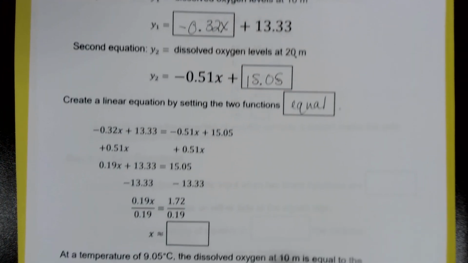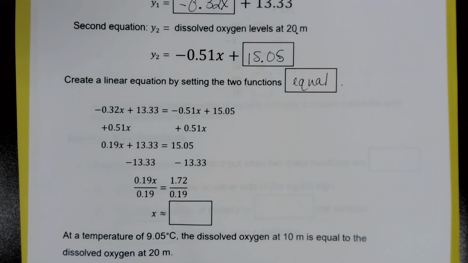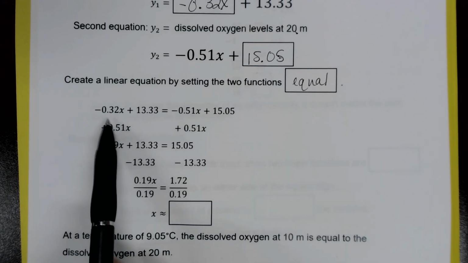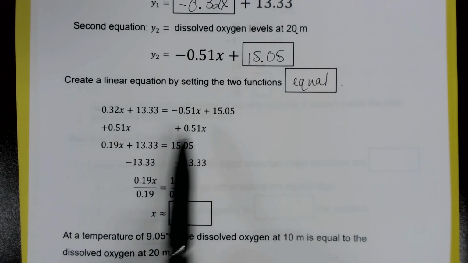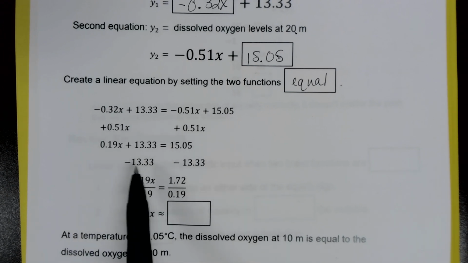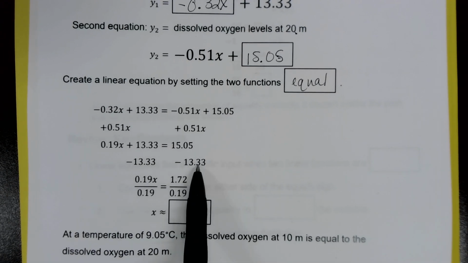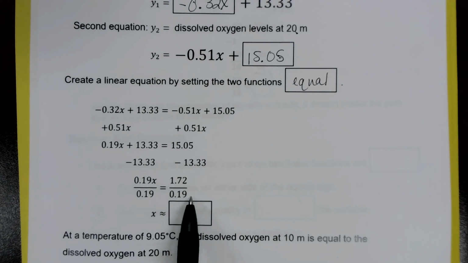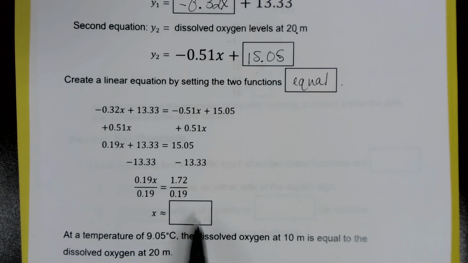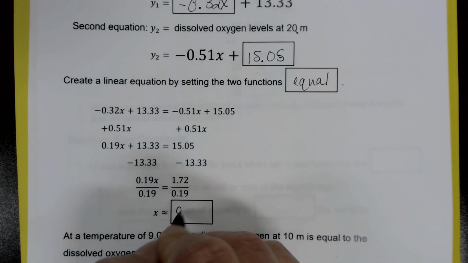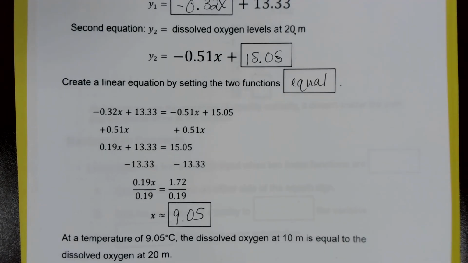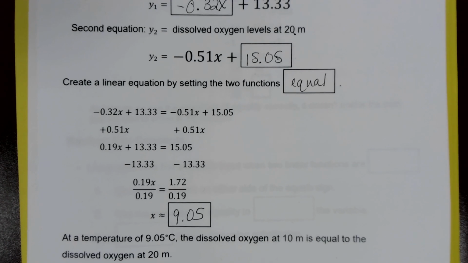When we do that and we solve it, by using properties of addition, equality, the equality property of subtraction, the equality property of division, we wind up with x equaling 9.05, which means that at 9.05 degrees Celsius, the dissolved oxygen at 10 meters is equal to the dissolved oxygen at 20 meters. Okay?